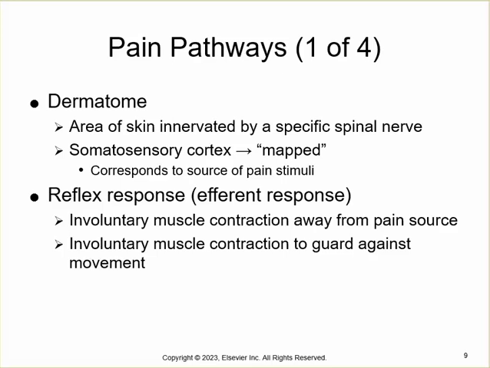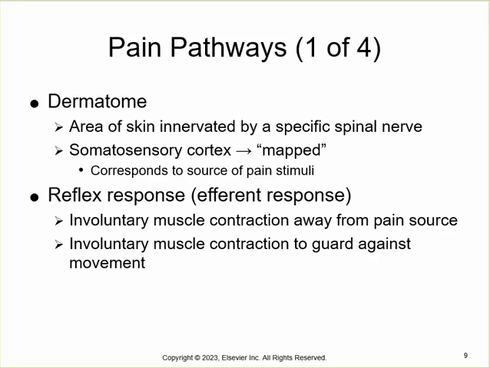At the same time, you have a crossed extensor reflex that goes to the other side of your body, so that if you withdraw the right side, you extend the left side to maintain your balance, really. If you were to step on a nail with your right foot, you contract all the flexor muscles to pull your foot away from that damage that started.